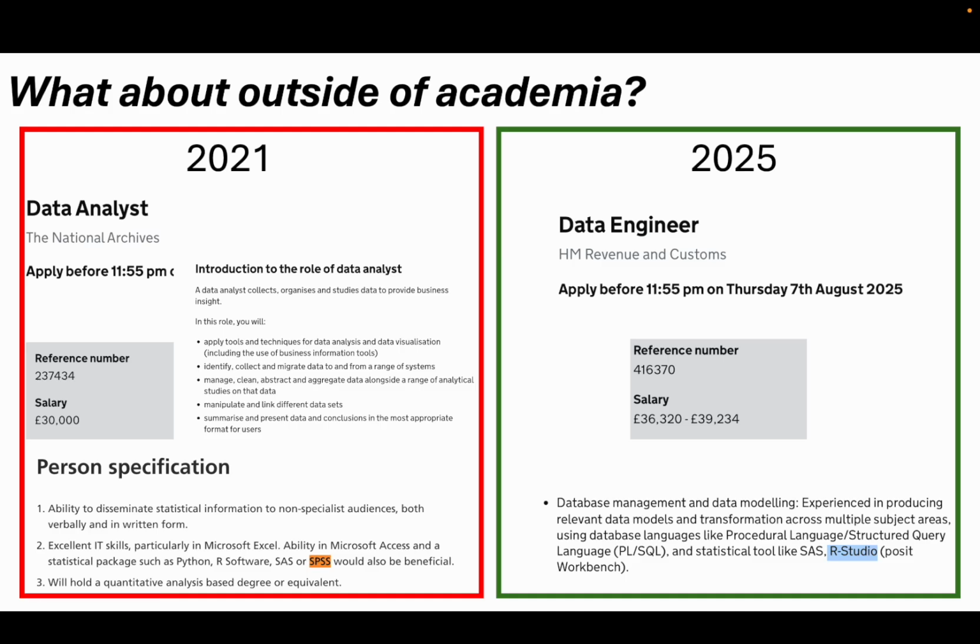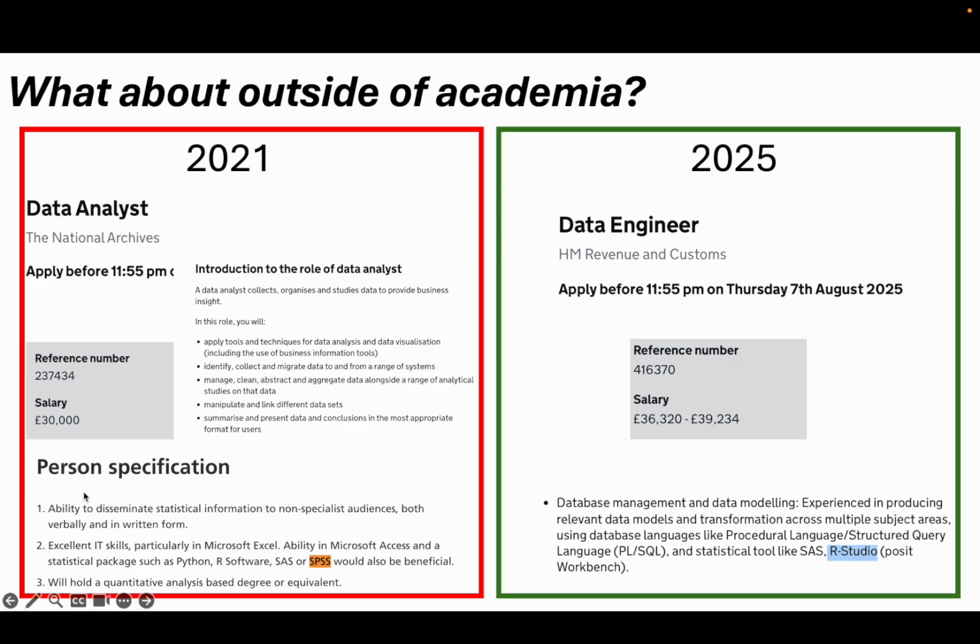So what's it like outside of academia then? Similar patterns emerging. I used to use this information in one of my undergraduate introductory stats slides from 2021, and the idea was just to show the students that the skills and the software they are using will improve their employability. So I took this job, which had a decent salary at the time, and it was a public sector job.